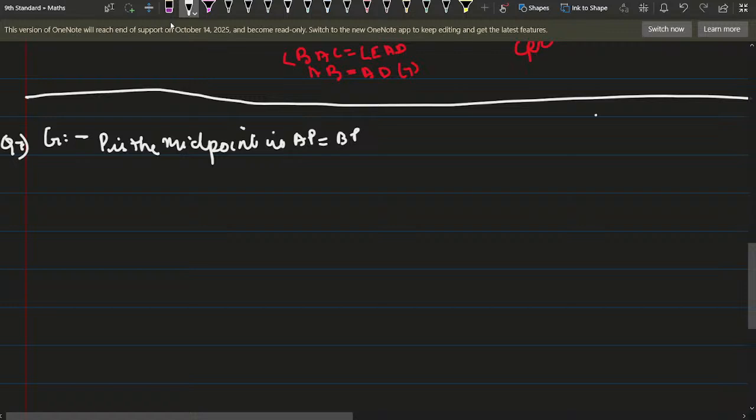So that is AP is equal to BP. I'll draw the figure first, then you can understand easily.